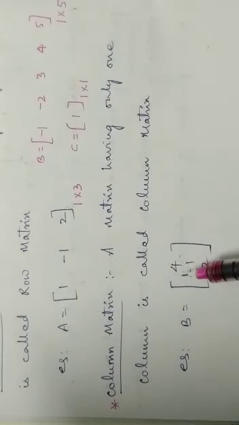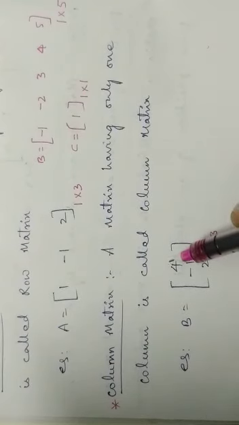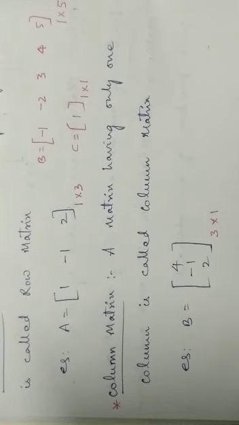How many rows? First row, second row, third row. So 3 rows. But only one column. So 3 by 1 matrix.